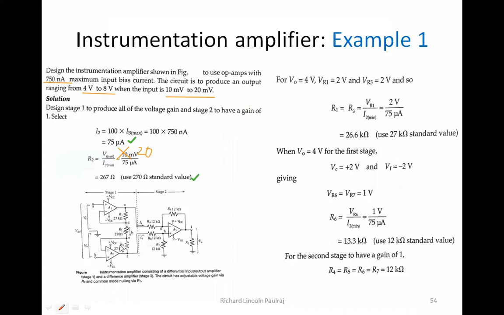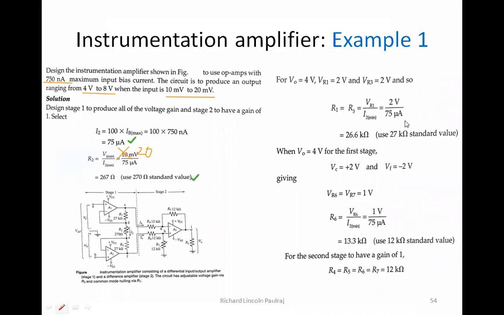So if R1 is equal to R3, then I have VR1 divided by the I2, whatever current is passing through. So this I2 that you can see here, I'm going to divide by that minimum value. VR1 and VR3 are the same. So we are going to have 2 divided by 75 micro.